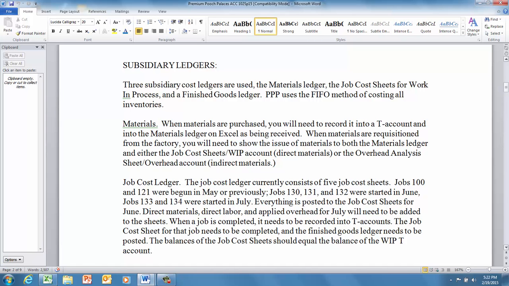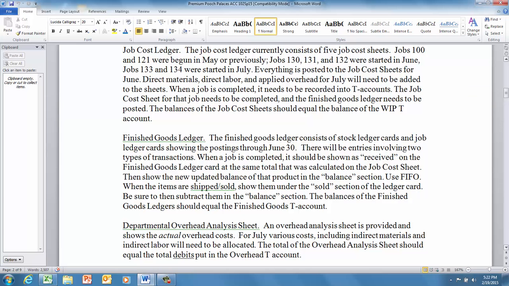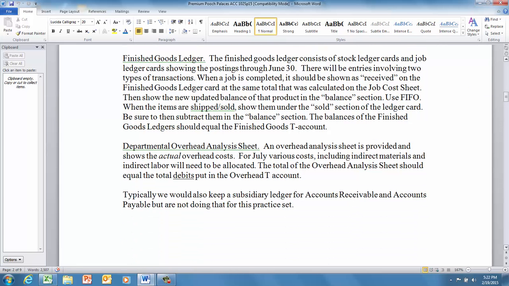It basically just goes through and discusses the different subsidiary ledgers that we have, such as the materials ledger, the job cost ledger, which the job cost sheets are the subsidiary ledger for work in process account, the finished goods ledger, and the departmental overhead analysis sheet.